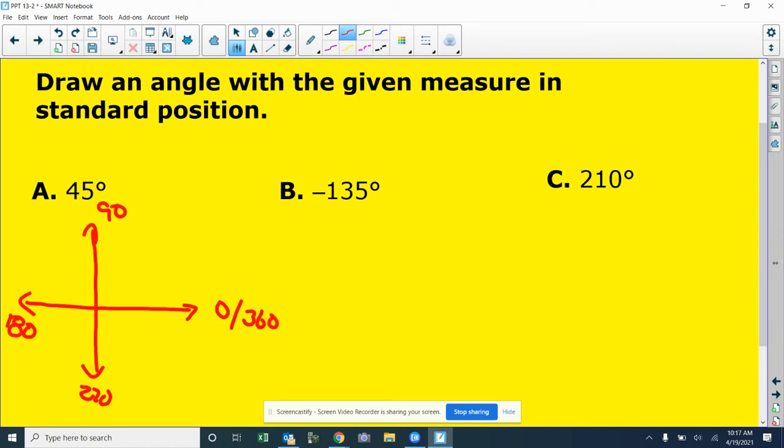Eventually you don't need to write that all out, but you do need to write an x-y coordinate so you can see what you're doing. It always starts on the initial side, which is always the positive x-axis. We're looking at a positive 45. Are we going to measure it? By no means. We're just going to take a guess. And there's your 45-degree angle. Make sense?